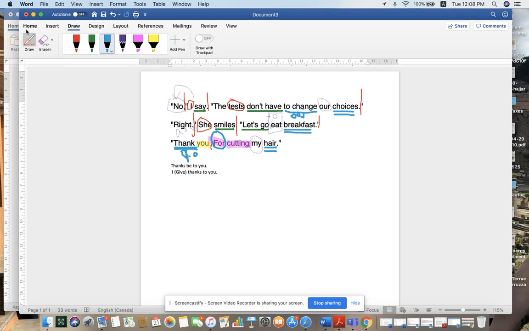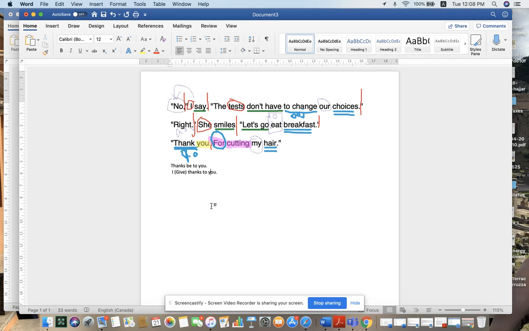All right, now let's take a look at our verb tenses. So for I say, first person singular, it is present, and it is simple. The tests are always third person, sorry, third person singular, and don't have would be a present simple.